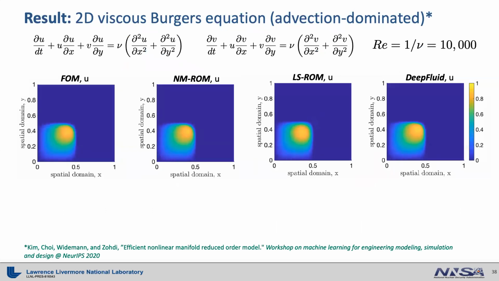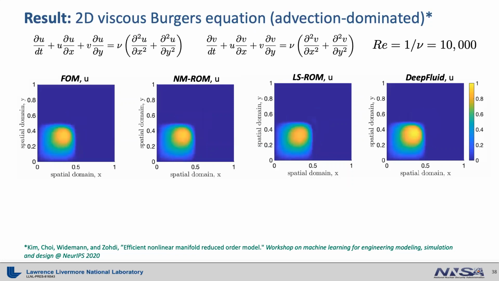Here we compare the performance of various surrogate models on an advection-dominated 2D viscous Burgers equation, which you have seen before. As you all know, it's a hard problem for a reduced model to achieve good accuracy.